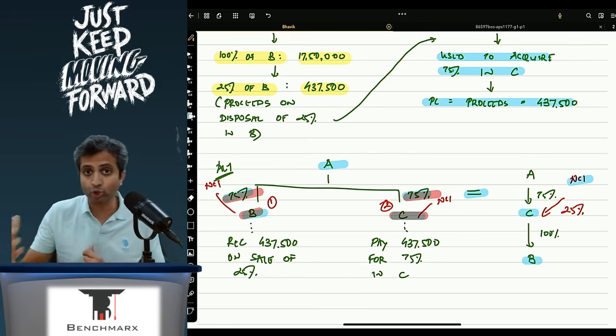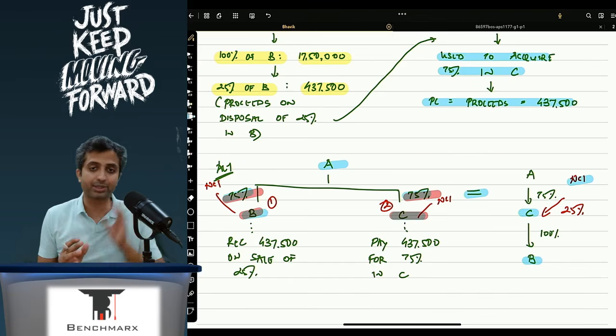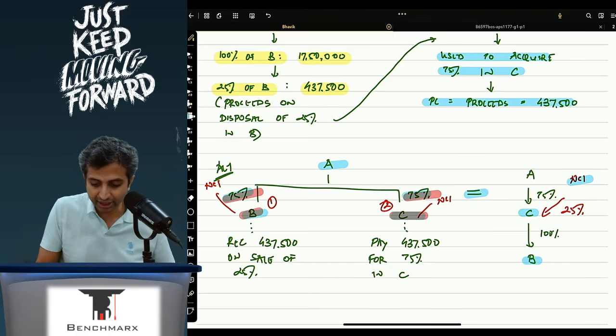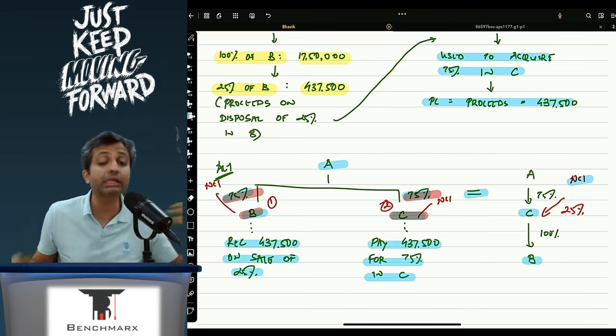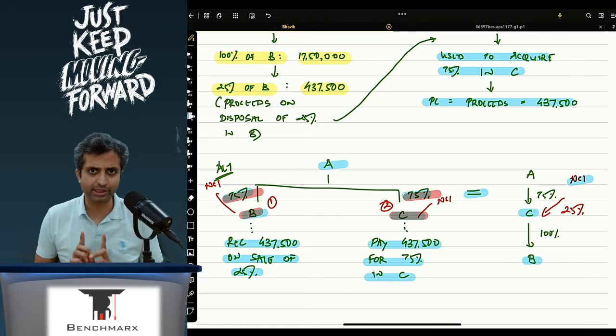C's net assets will also 25% go to the NCI and 75% will go to A. Effectively, it is like A diluting 25% of its share in B and receiving 437,500, and A putting that same 437,500 for a 75% in C. And we will pass journal entries considering these two transactions.